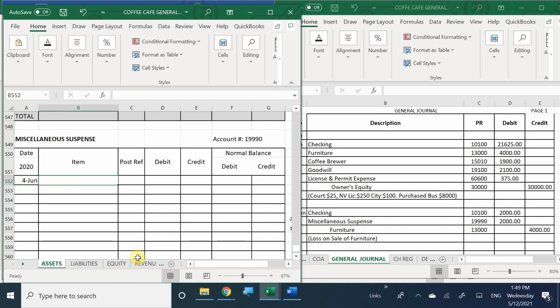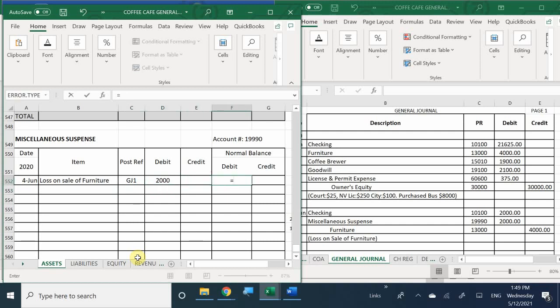And this is what I'm going to say: loss on sale of furniture. Once again, general journal number 1, and it's a debit for $2,000.